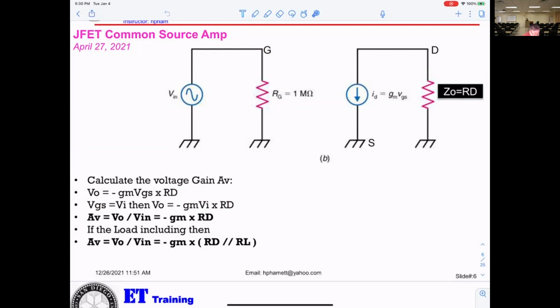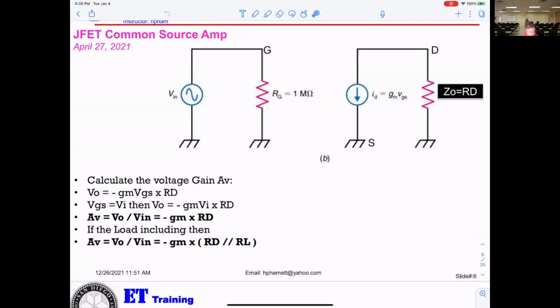The gain Av equals Vout divided by Vin, and that will be minus gm times RD. However, if you have a load resistance at the output, then the gain will be a little different.